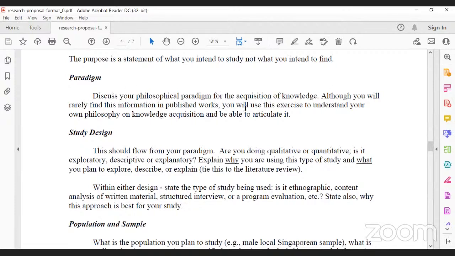And you will use this exercise to understand your own philosophy and knowledge acquisition and to be able to articulate it. So the whole idea regarding this paradigm is how you are going to answer the questions which you have mentioned. Is your idea around answering it philosophically by using qualitative research?